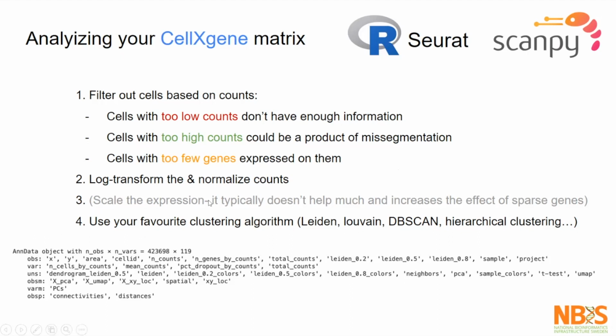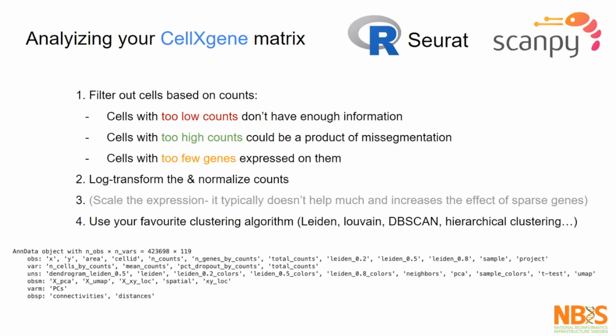Despite that, we have seen empirically that the scaling of the data sometimes, depending on the type of data set you have, doesn't help much, and sometimes it even increases the effect of sparser genes in the clustering. So I'll just put it in gray because we are doubting a bit about the utility of this step with our type of data, but that still hasn't been analyzed properly.